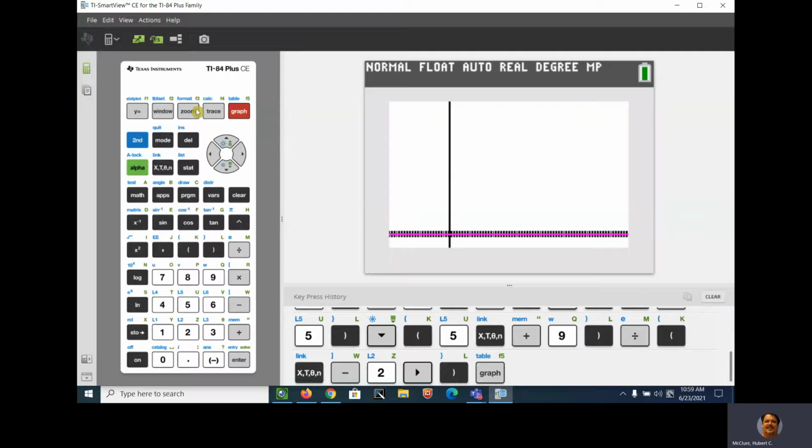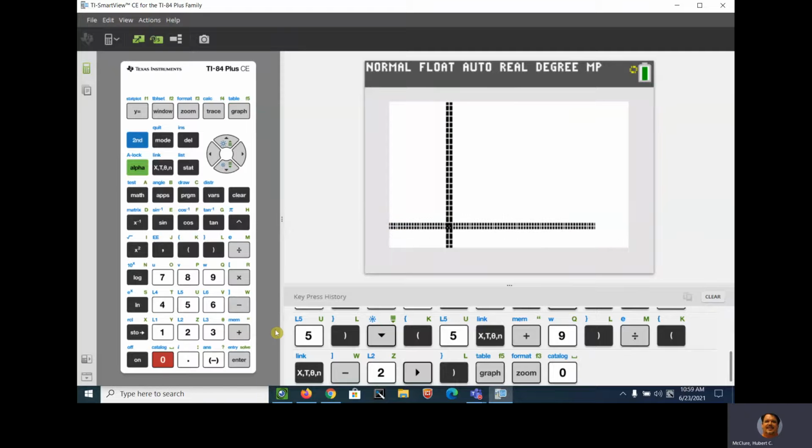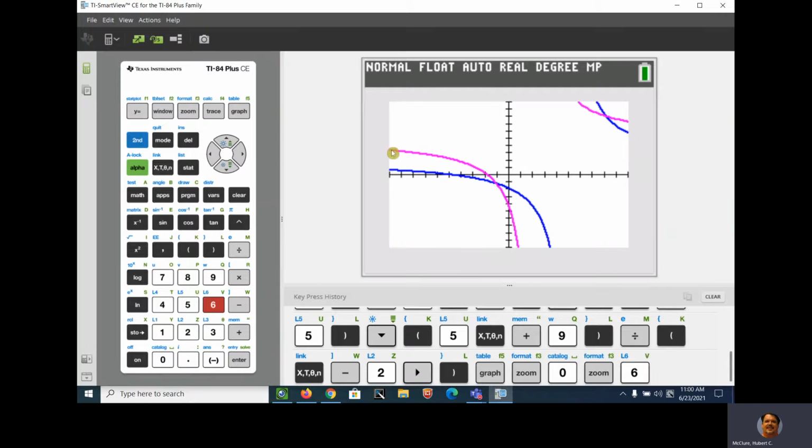And I'm going to do a zoom 0. And that's okay. Let's do a zoom standard. That's better. And you see they're inverses of each other. How do you know they're inverses of each other? Well, xy is equal to yx. In other words, if they're inverses of each other, let's pull a point from the first one.